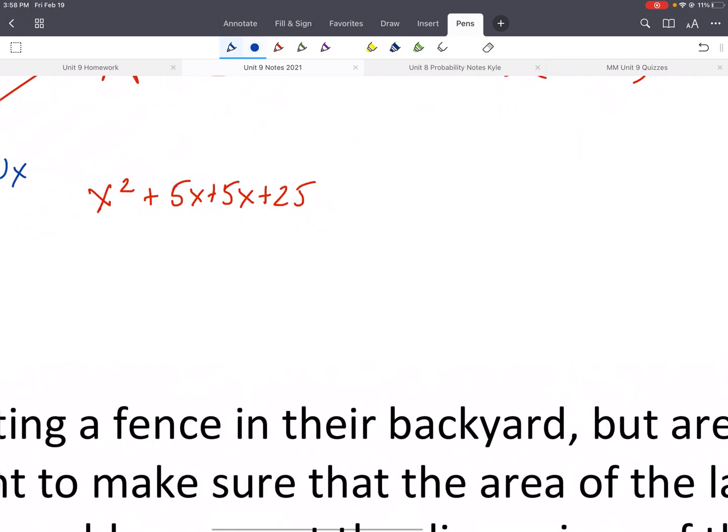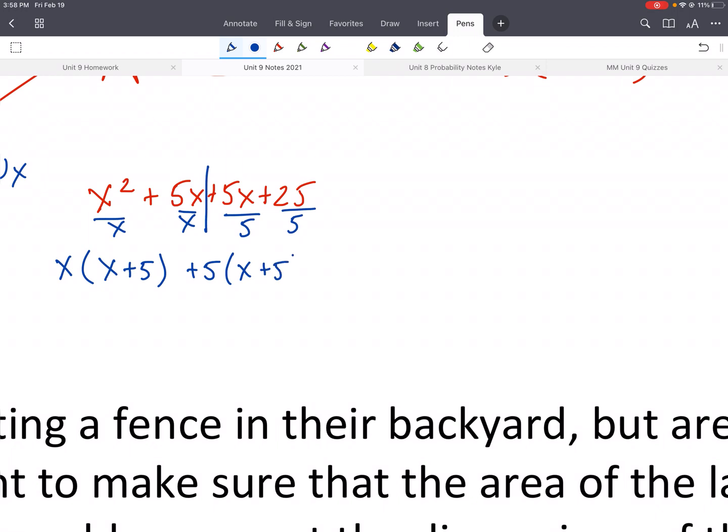Here I'm going to do grouping, but you're welcome to do the box method. Looks like we could take out an x. That leaves us with an x plus 5. And for the right side, we can take out a 5. That leaves us with an x plus 5.